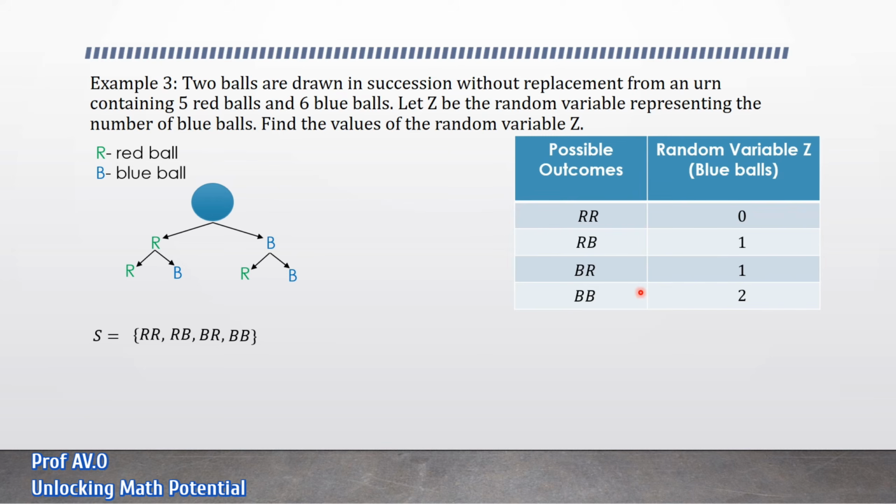So from here, this would be our values of the random variable z, which is the blue balls. So we can simplify this one. The possible values of the random variable z is 0, 1, and 2. In symbols, z equals 0, 1, and 2.